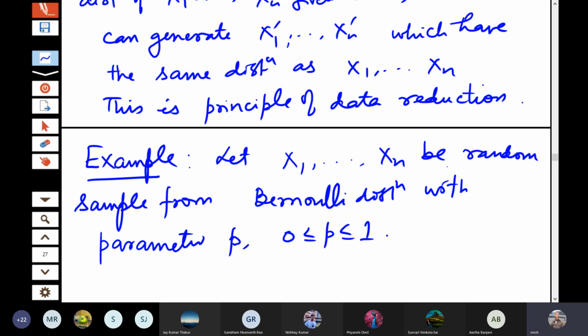In order to draw certain inference on p, what do I need? Suppose I want to say something about the parameter p, and I have the original values of x1, x2, xn, that means either they are 1 or 0. How will I use them?